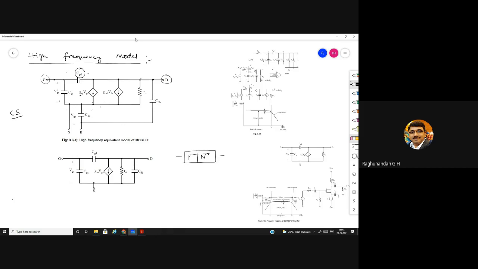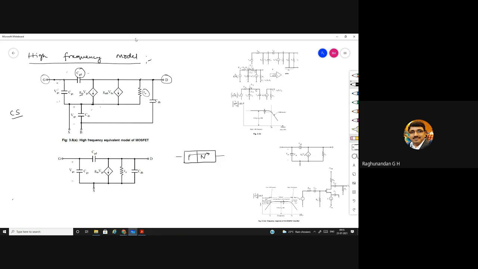All these terminals are the same. It is a common node only. We have written it in this way. So between these two, one capacitance will be existing. After that, since we are taking the output across the drain, there will be internal output resistance across the drain.